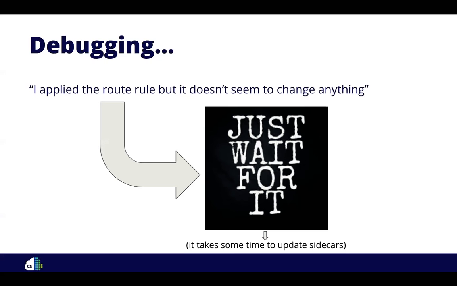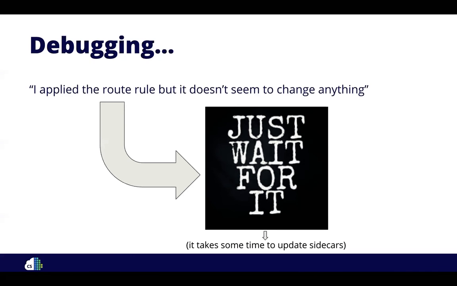And the second thing is that, especially on huge or big clusters, Istio tries to make sure that all the changes are implemented at the same time. That happens only if you implement something on the cluster level.